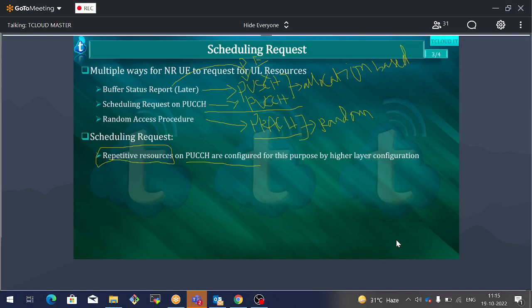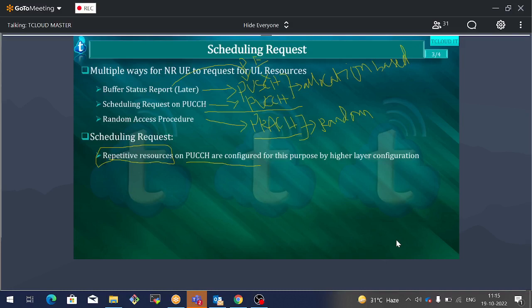If it is ACK/NACK, you decide what to do with the previous transport block that is waiting in the transmission buffer. If you receive an ACK, the transmitter throws it into the dustbin. If you receive a NACK, you know that you have to keep it till you get an acknowledgement. So the next action is decided based on the information reported. Next, if you have sent a scheduling request, the physical layer receives it.